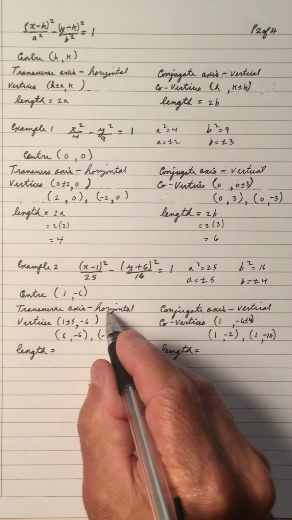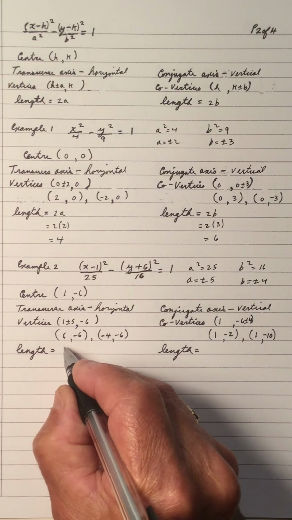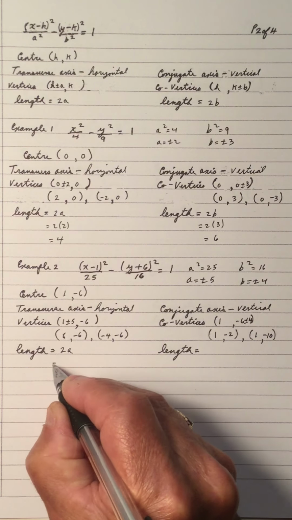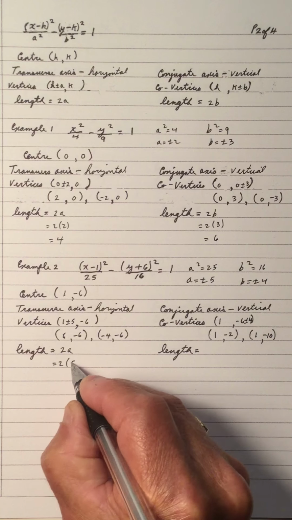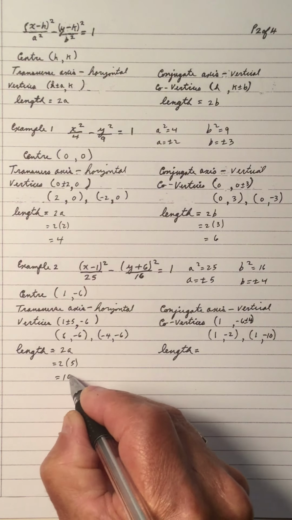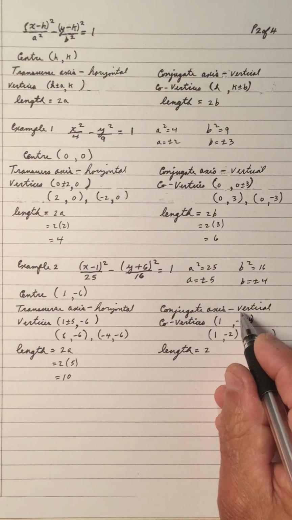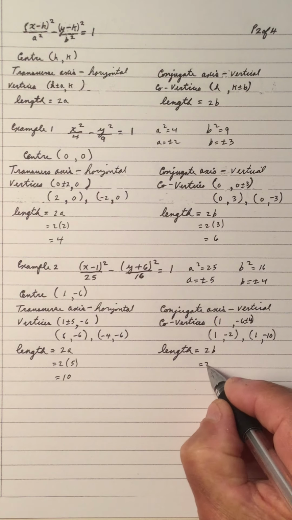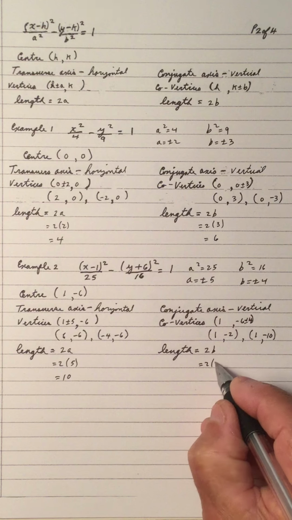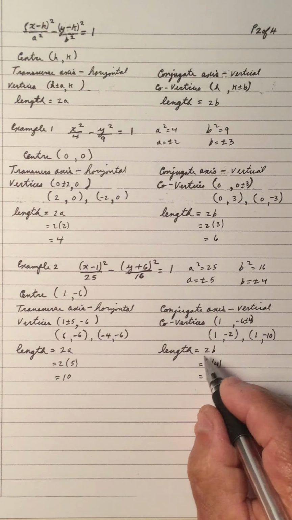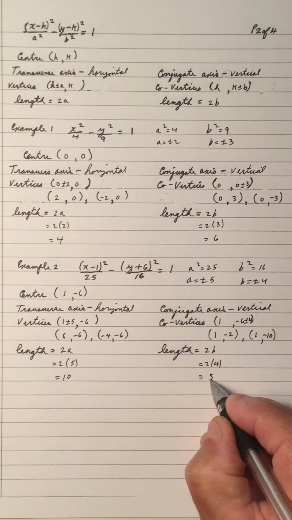And the length of the transverse axis is horizontal, so it's 2a, and a is 5. So the length is 10. And the conjugate axis is vertical, so it's 2 times b. B is 4. So the length of the conjugate axis is 8.